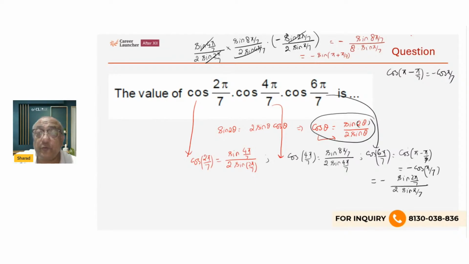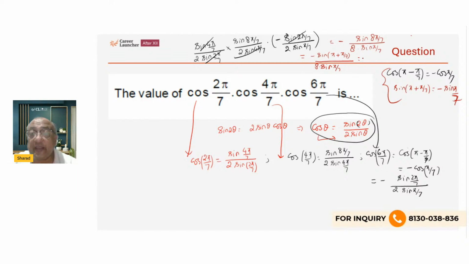This much you have to do. This is maths. A little bit of thing you must know, that how do we convert pi plus and pi minus. Sine pi plus theta. Sine pi means 180 degree and beyond that, it is going into third quadrant. In third quadrant, sine is negative. So this will be minus sine pi by 7.